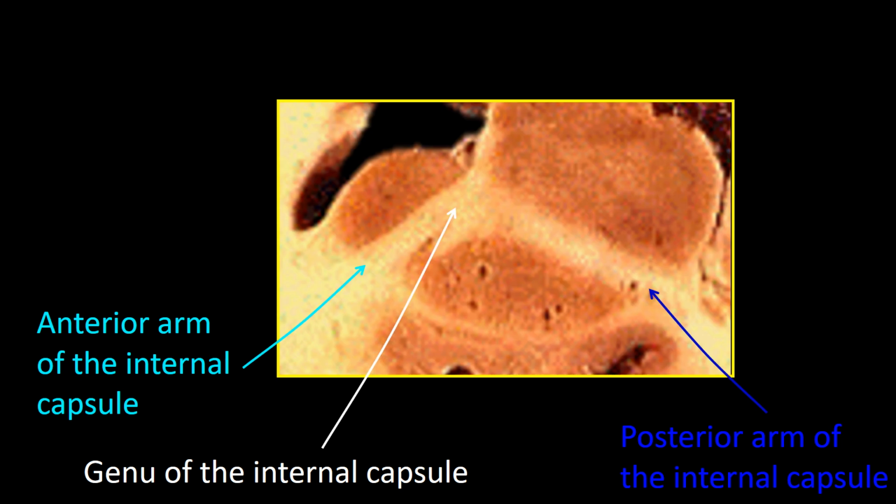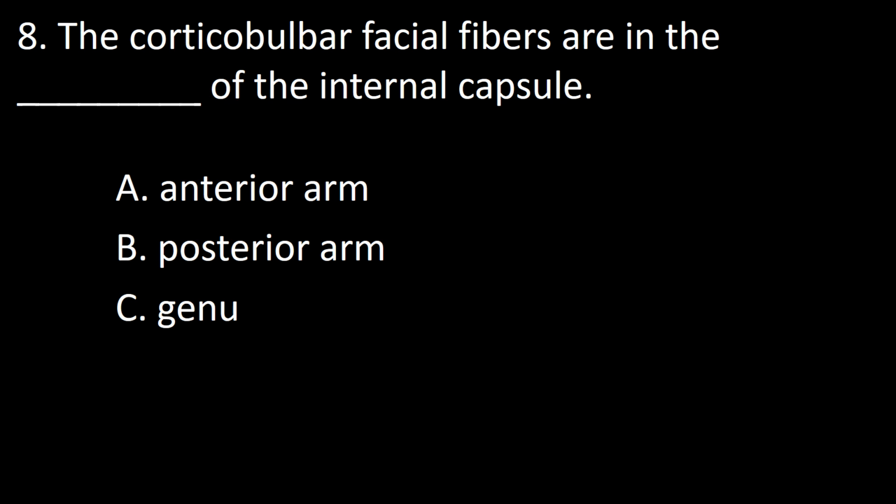I will use this enlargement to illustrate the trajectory of the volitional motor fibers. As you can see here, corticobulbar fibers destined to innervate the brainstem nuclei, that is, the striated muscles in the face, course in the genu. Then those for the arm, and most posterior, those for the leg. So the answer to this question is C.